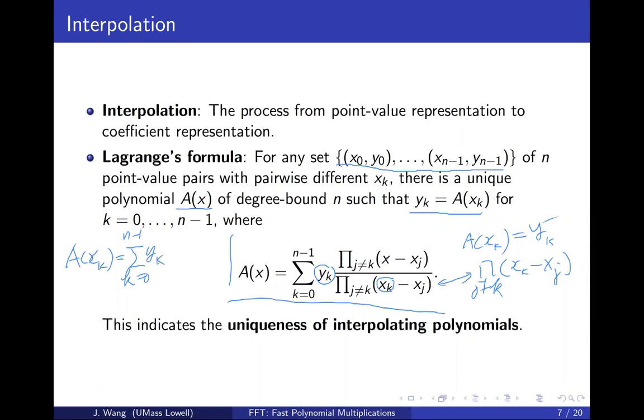This is yk, and then the product over j not equal to k of xk minus xj, and similarly in the denominator, j not equal to k, xk minus xj, for any j. Now k is from 0 to n minus 1, and xk is fixed. So it looks like this.